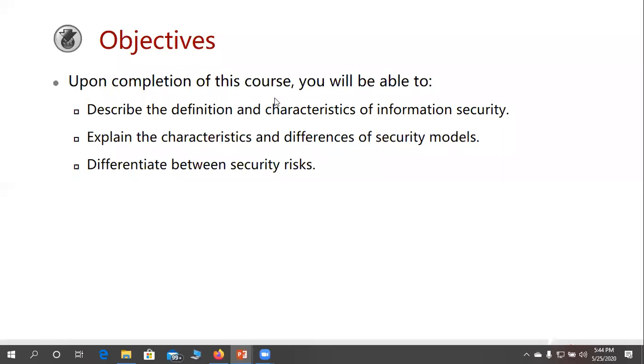Upon completion of this course, you'll be able to describe the definition and characteristics of information security, explain the characteristics and differences of security models, lastly, differentiate between security risks.